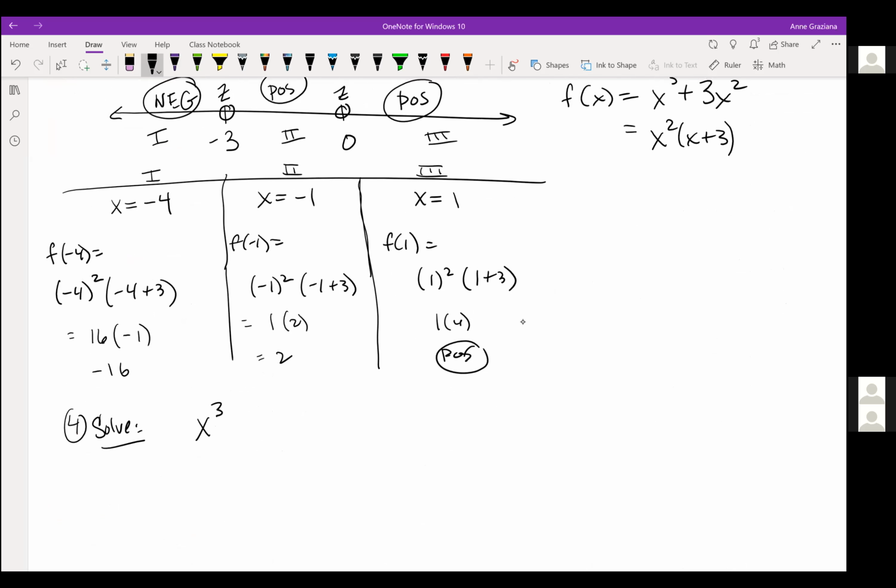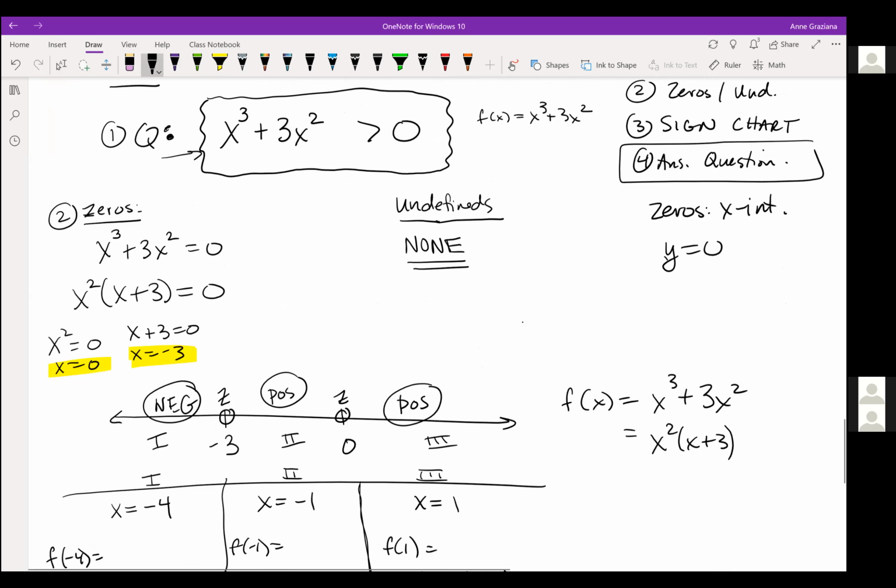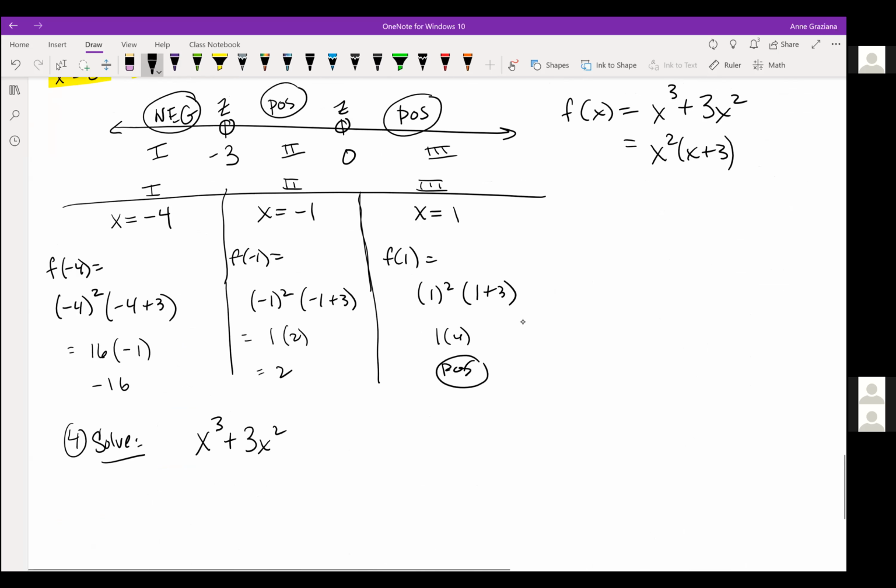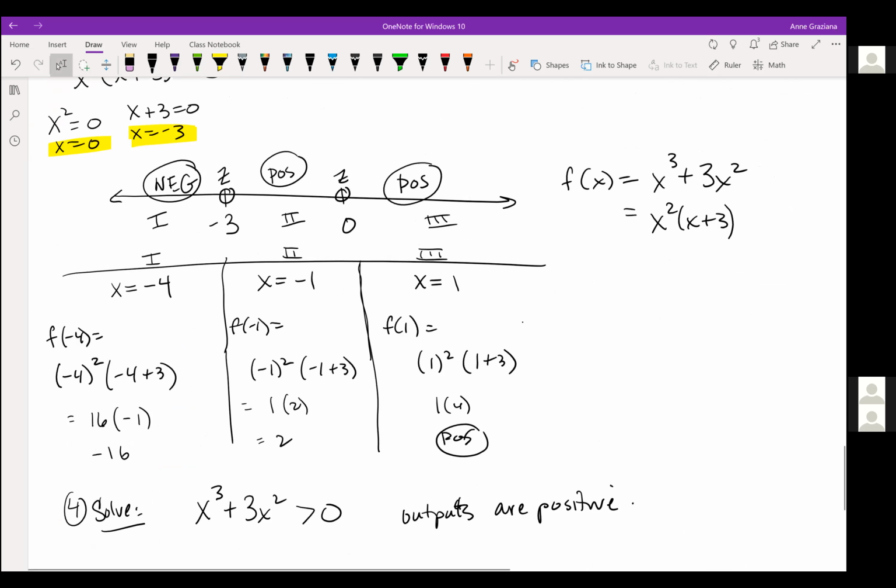So x cubed plus 3x squared, the inequality said greater than 0. Okay, that means my outputs are positive. So you look at your sign chart and you decide where are they positive. Okay, so which regions are those, Abil?